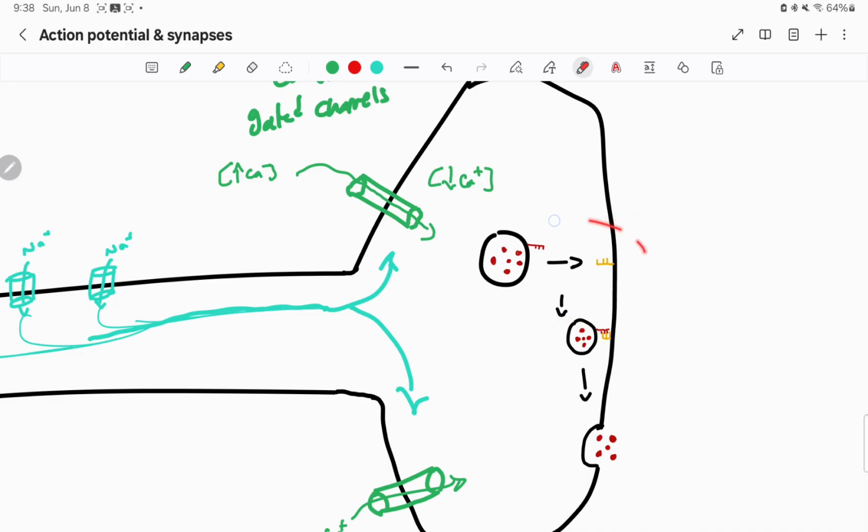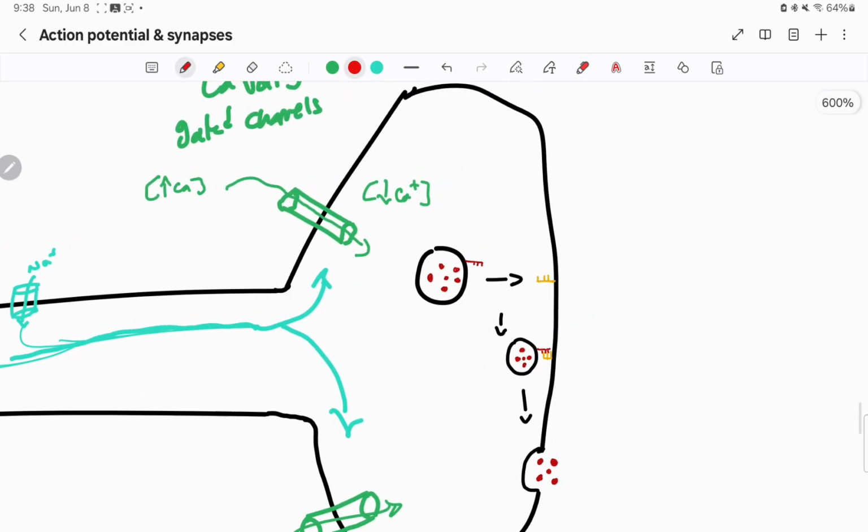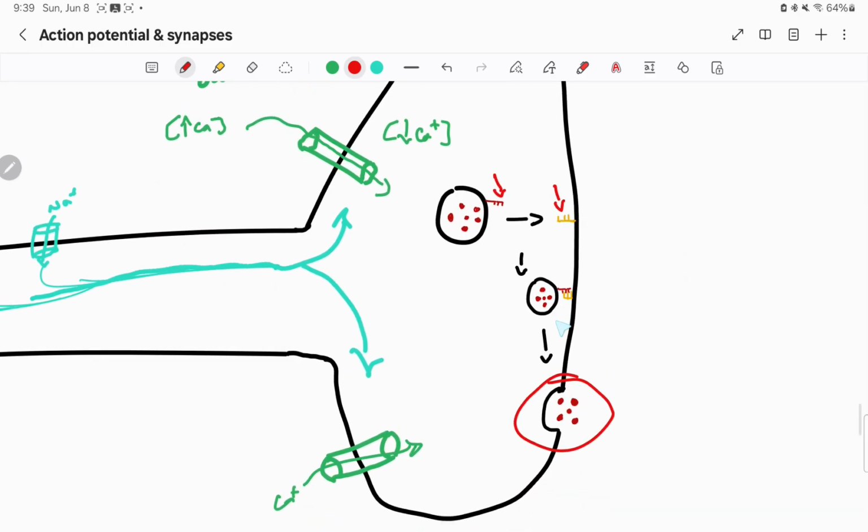Now, I could get into very complex detail here, but for the purpose of this video, I won't. The only thing I want you to know is that calcium causes the binding of this V snare right here to this T snare, like this. And that causes the exocytosis, or the fusion of the vesicle with the membrane, and the exocytosis of the neurotransmitters outside.